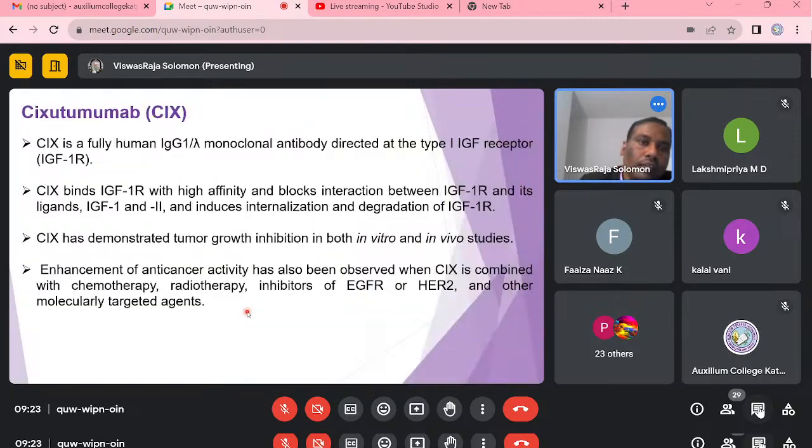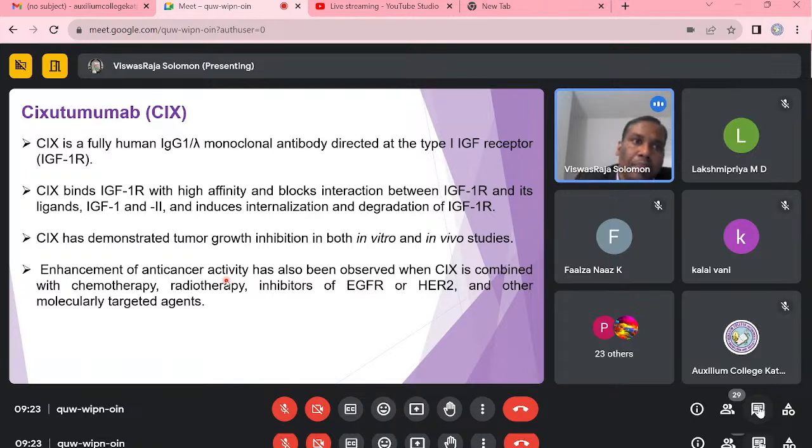As I mentioned, we selected cixutumumab for this study. Cixutumumab is a fully humanized monoclonal antibody. As I said, we can treat a patient whose breast cancer lesion expresses the IGF-1 receptor.